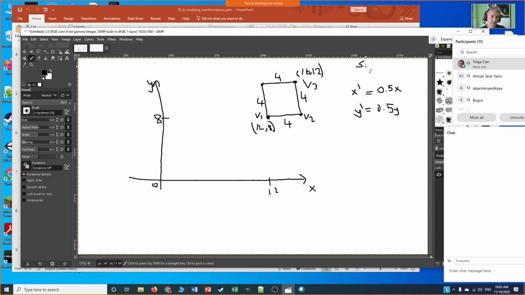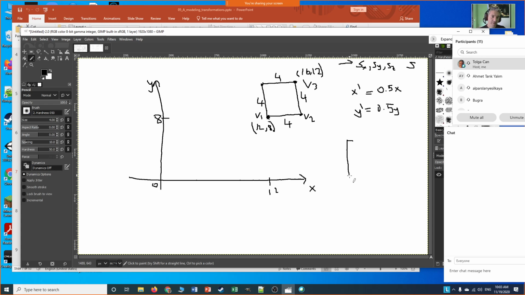In 3 dimensions, we will have 3 parameters, sx, sy, and sz, which means that you can scale each dimension separately. But if you're performing uniform scaling, if you want to scale your object uniformly among all dimensions, you just need a single parameter, which is s. This s can be larger than 1. You may want to double the size of your things. It may be 2, it may be 0.5, it may be something smaller than 0.